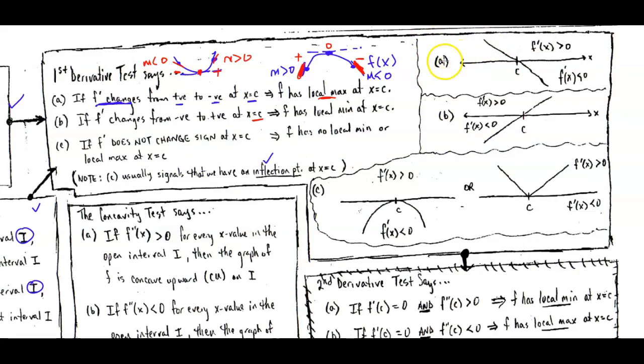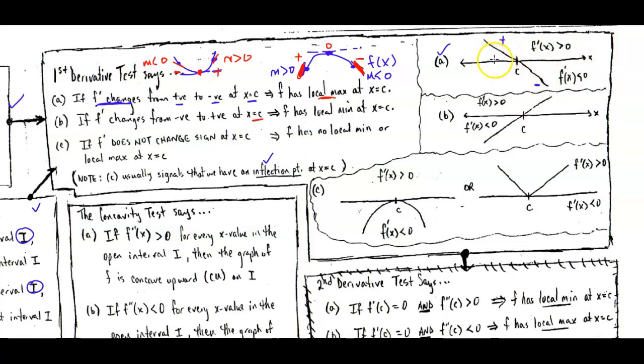So what I'm showing here is the graph of the derivative of the function. This curve that you're seeing here is actually the derivative. If the derivative of the function lies above the x-axis, I know that my function is increasing. For this portion, since it lies below the x-axis, my original function is decreasing.